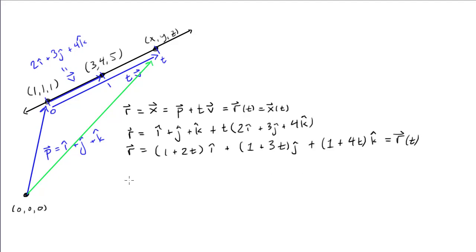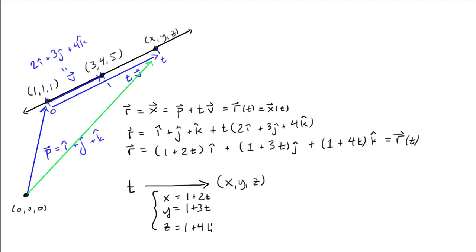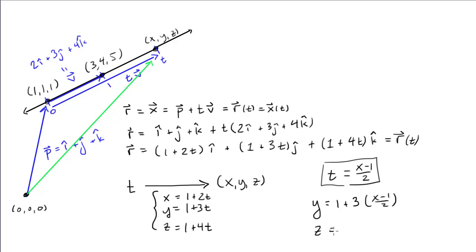For the parametric description, I'm thinking of t building up points on the object. Every point has a t value that's associated with it. I just extract the components of the vector. There's my components for the point. Solving for the parameter in one of the equations and substituting into the remaining two gives me the equation form for the line.